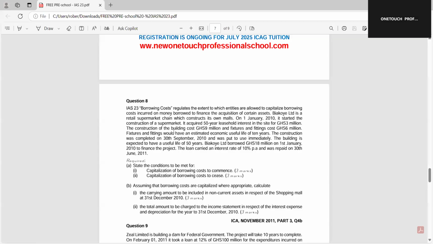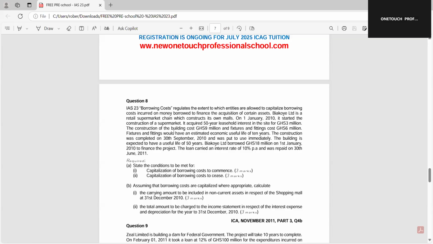Biakuya Limited borrowed 80 million cedis on 1st January 2010 to finance the project. So pause for us. They took a loan on 1st January. Let's ask ourselves: on 1st January, borrowing costs will be incurred. We'll start incurring borrowing costs.